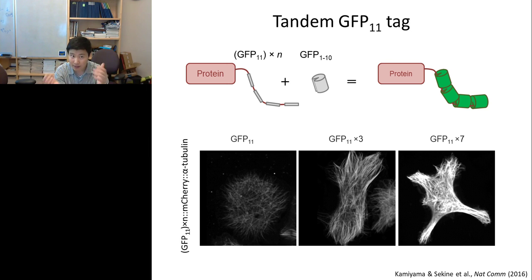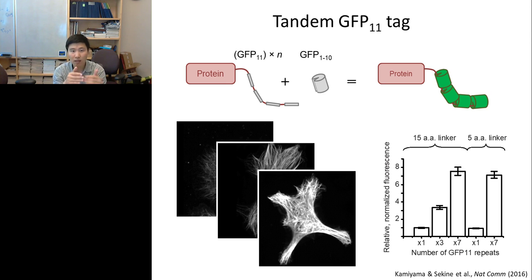And then multiple copies of GFP11 will be able to bring in multiple copies of GFP1-10, and that reconstitutes multiple copies of fluorescent GFP to amplify the signal. We tried this approach with 1x GFP11, 3x, 7x, and either with a 15 amino acid linker in between the repeats or with a 5 amino acid linker, and we saw a proportional amplification of the signals.